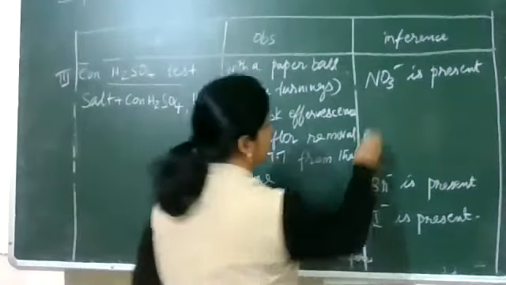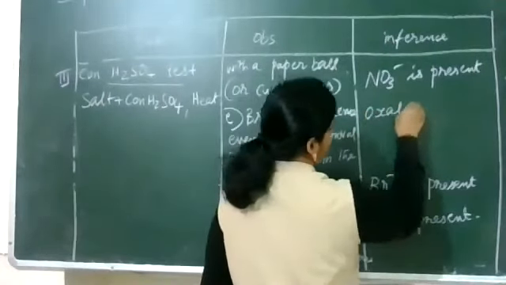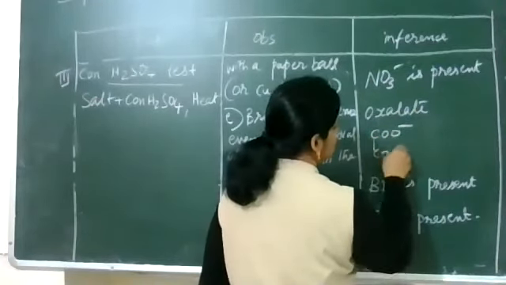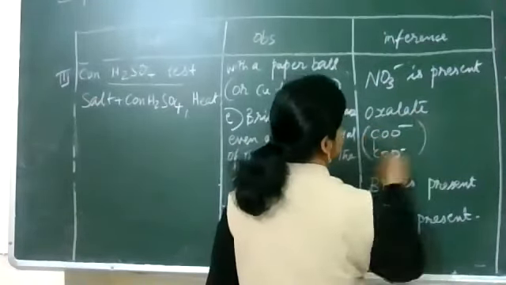Then oxalate means C2O4 2 minus. Oxalate is this.